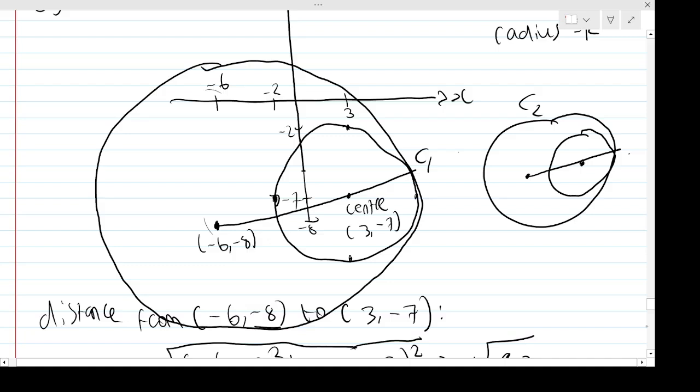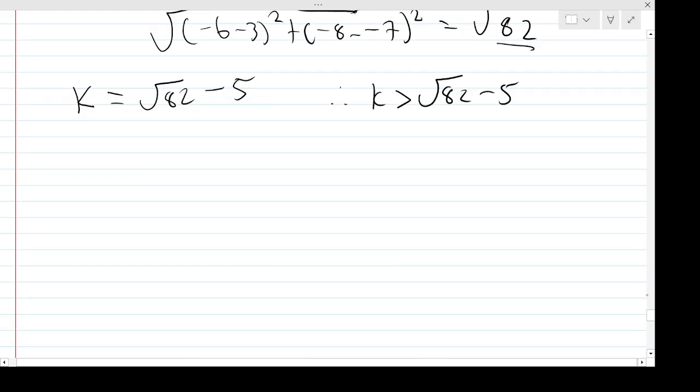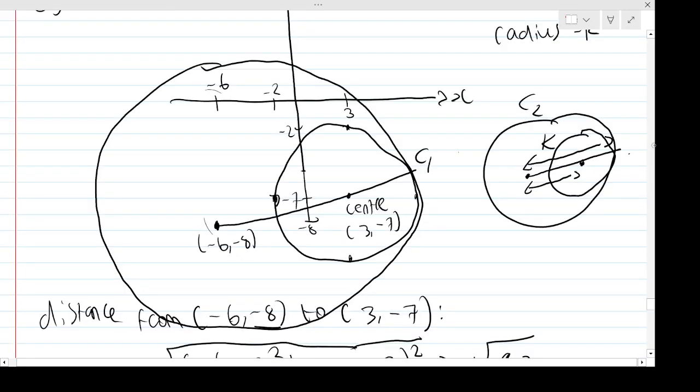So therefore, what we have then is this whole line is now K, which is what we want, the whole radius, but also we can split this up between the centres again, the distance between the two centres, which we worked out, it's root 82 here, right? We already worked that out, so that's cool. But we also then want this other distance here, but that's just the radius of the other circle, which is 5, right?